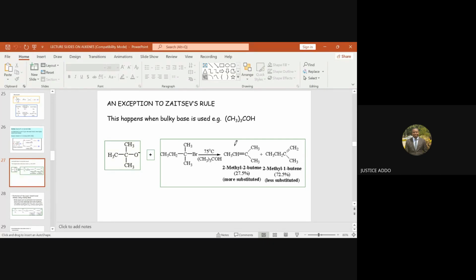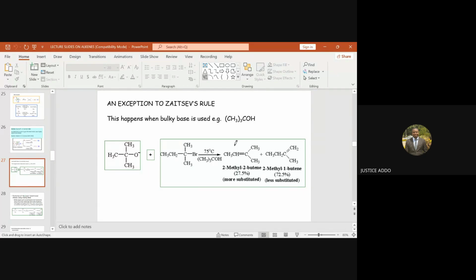So in an exam, if I give you any alkyl halide and I give you a simple base, then note that the reaction will follow Zaitsev's rule so that you form the highly alkylated alkene as your major product. Because the question probably will tell you to give the major product. If the question says give all the products, then you give the major and then the minor.